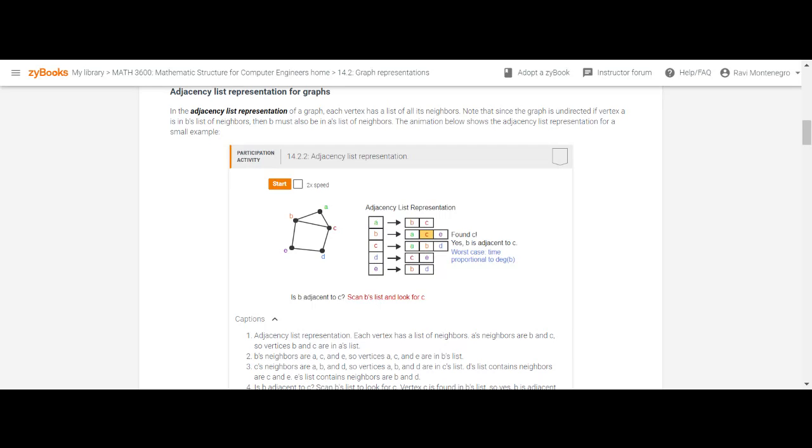So adjacency list means you write a vertex and then you tell what it's connected to. In the example you see on the screen here, A connected to B and C. So row A in the adjacency list had B and C after it. B connected to A, C, and E. So row B had A, C, and E.